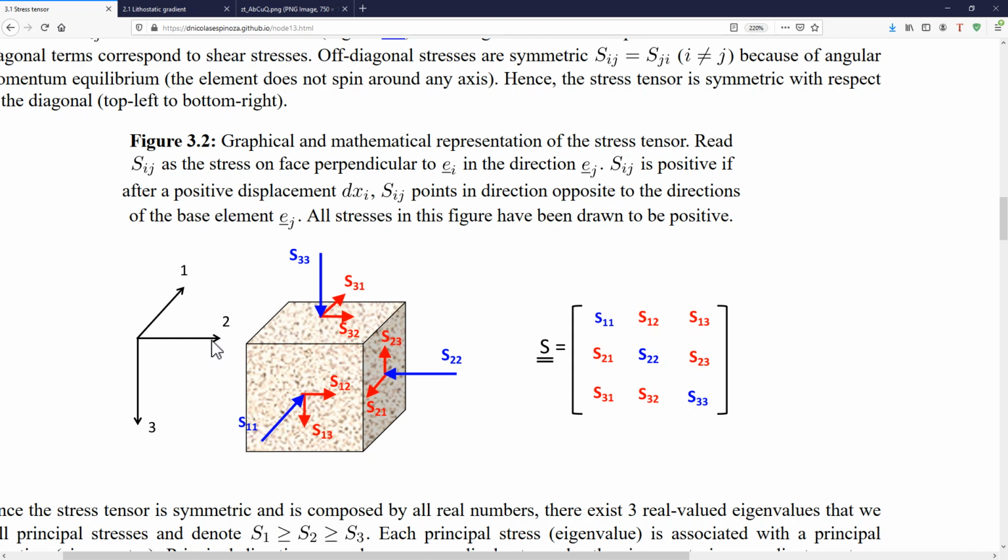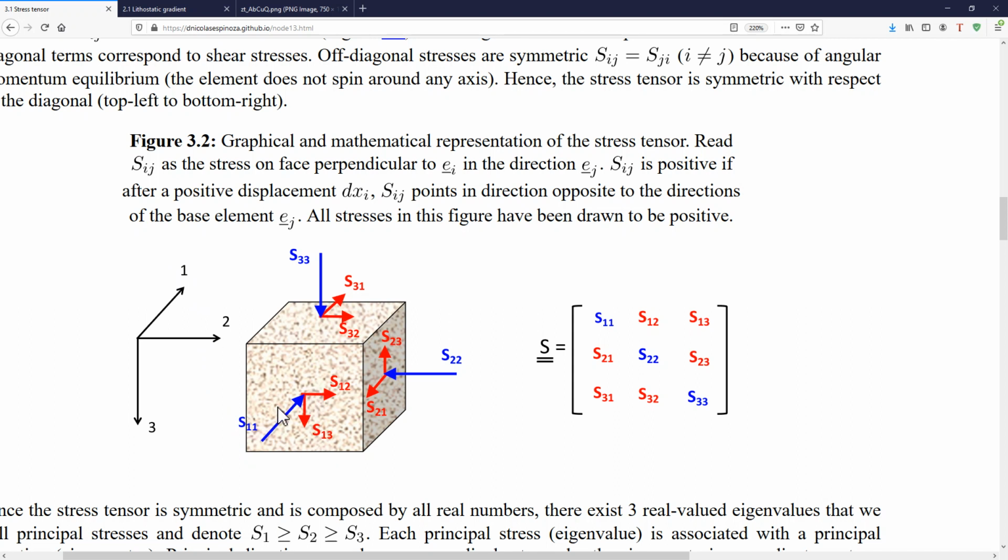If I were to be in the negative face, like for example, this is negative face number 1. Why? Because in order to get to that, I need to walk a negative amount or a negative change, walking from here to there. And if you see the coordinate system, this is walking against the direction of the element of this base. Therefore, if I move a negative amount, I'm going to get into a negative face, and in the negative face, the direction of the arrow is going to be the same as the direction of the element of the base.